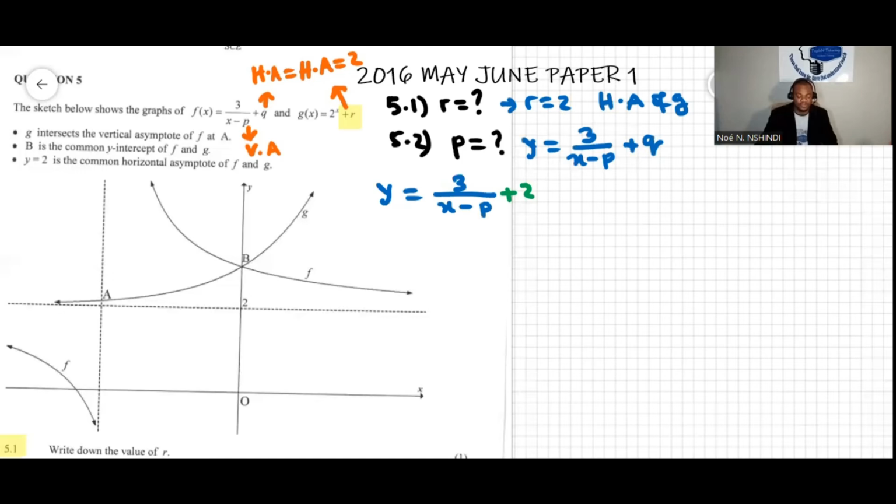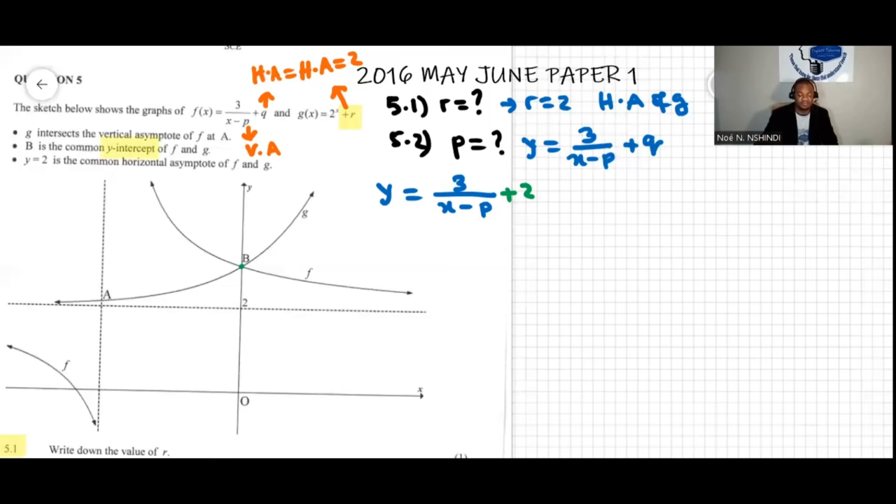If we look carefully, we can see that there's a point here, B, that lies on both functions, f and g. And B is the intercept of both of them. They both intersect at B, and you can see here it says B is a common y-intercept of f and g. Now, what does y-intercept mean?